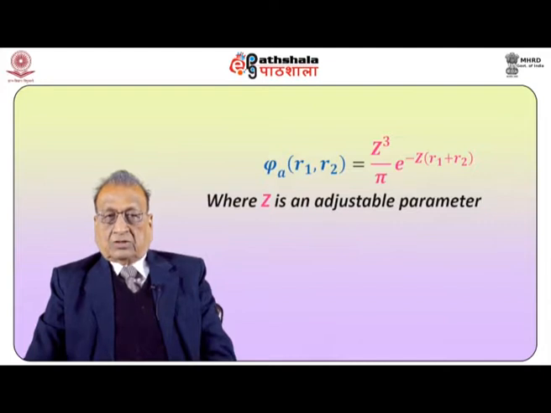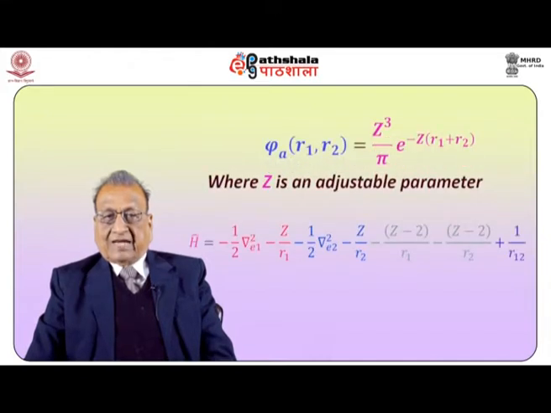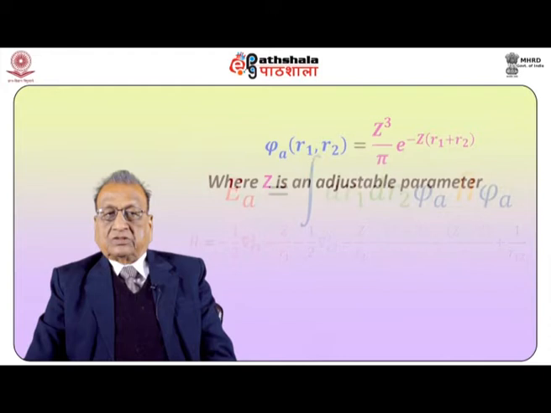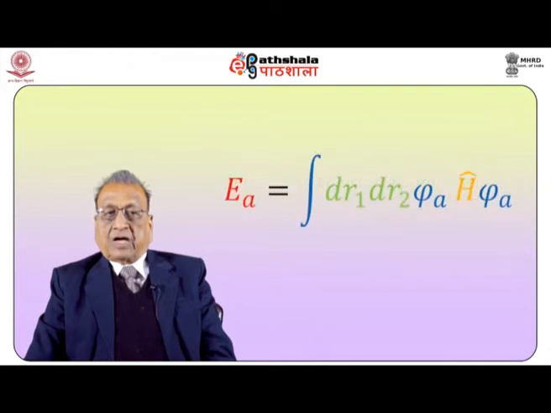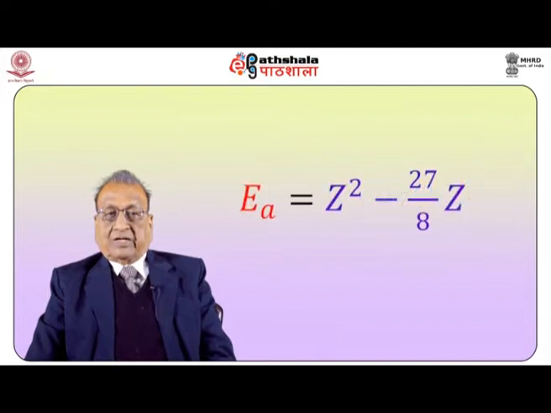Now, the Schrodinger equation with this approximate wave function becomes like this, and if you keep on solving this, we obtain the energy equal to this integral with the Hamiltonian and the approximate wave function, integrating over the volume elements of electron 1 and electron 2. This gives us E equal to Z squared minus 27/8 Z.